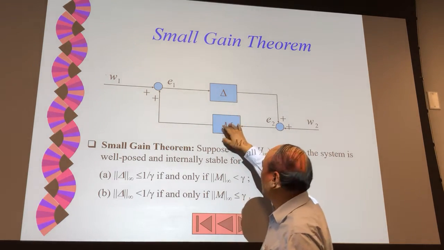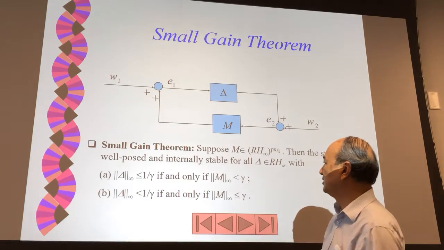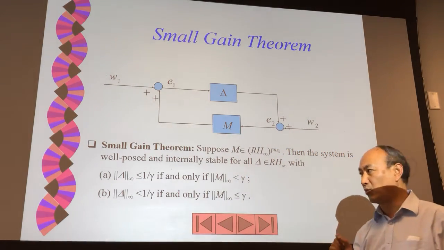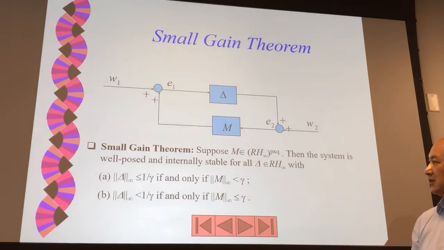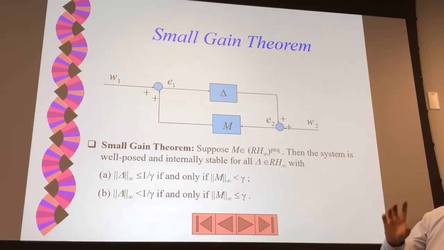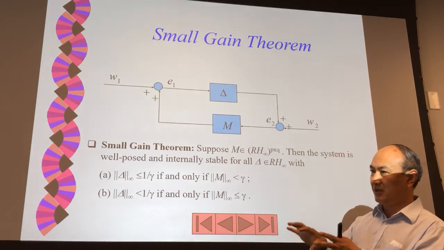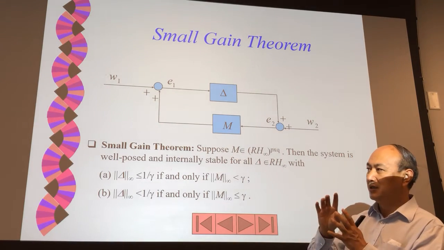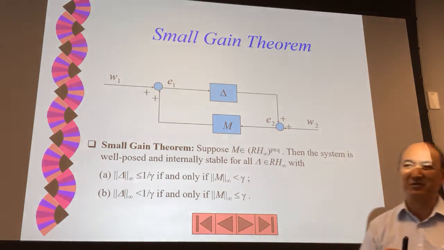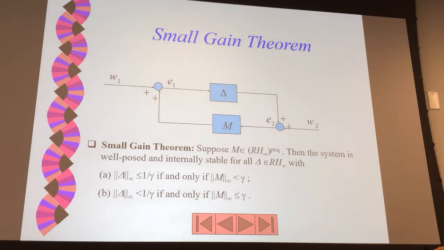So this one and this one multiplied together, it should be less than 1. So less than 1, that kind of concept, the loop gain, worst case less than 1, is called small gain theorem. In other words, if you have a loop and the loop gain is less than 1, there's no chance for this loop to be unstable.